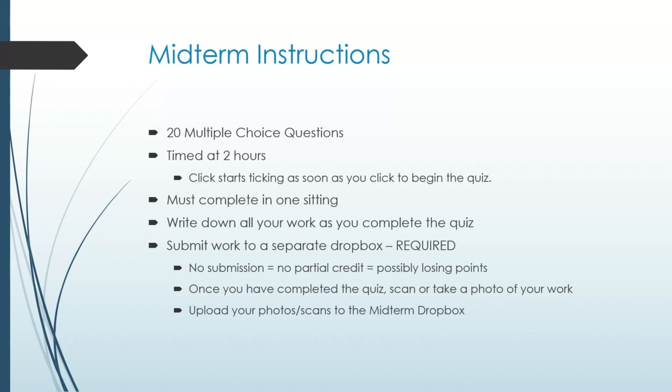Once you've done all the easy ones, then go back to the other ones that you weren't sure about and work on those. Everything is open book, so you can use your textbook, you can use your notes. If you have those nearby and organized, that will make it easier for you. You can use your old assignments and your feedback on that. That's allowed as well. But try to do all the easy ones first.